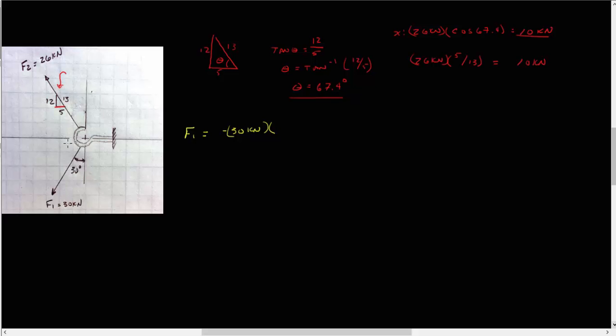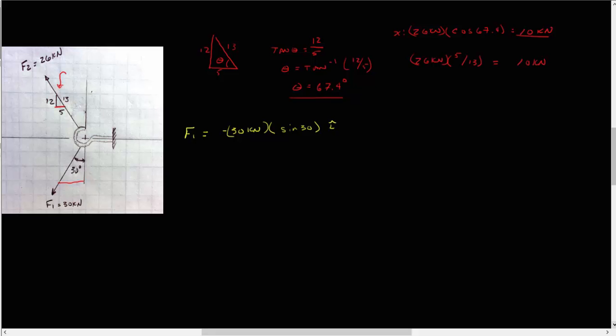Now I could use either way I want. I have this angle here that's 30 degrees, so I could say sine, or I could say cosine of 60. Either one works perfectly. So I'm going to go ahead and say sine of 30 degrees.